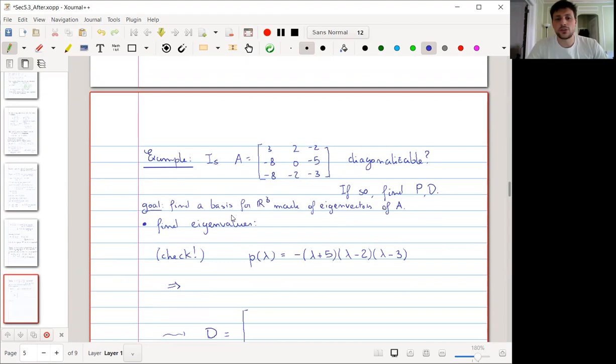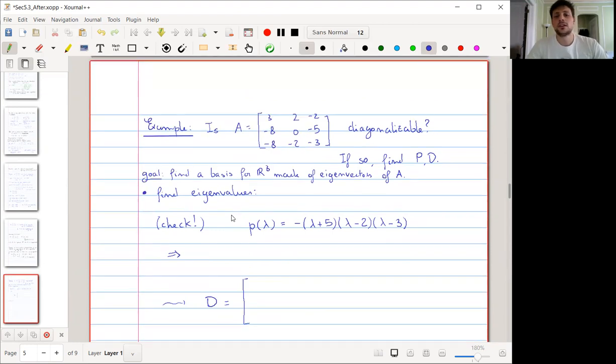To find eigenvectors, or to find the matrix D, the first thing that we need to do is to find the eigenvalues. This is the usual computation. You check the determinant of A minus lambda I, and you set that equal to 0.